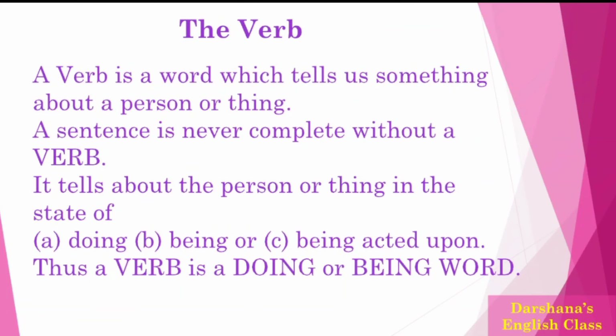Now when I'm talking about a person or a place or a thing, that is, when I'm talking about a noun or a pronoun, all that I need to know more about is the action of that particular noun or pronoun. And that is where a verb is defined. A verb is a word which tells us something about a person or thing. A sentence is never complete without a verb.